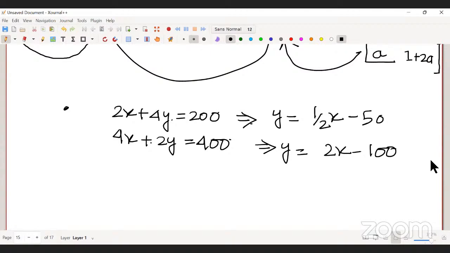Until unless both the equations are same, then you will get infinitely many solutions. But if both the equations are different and they have the same slope, that means they're parallel, so you will not get any solution. So it won't have a unique solution because the slope is the same.